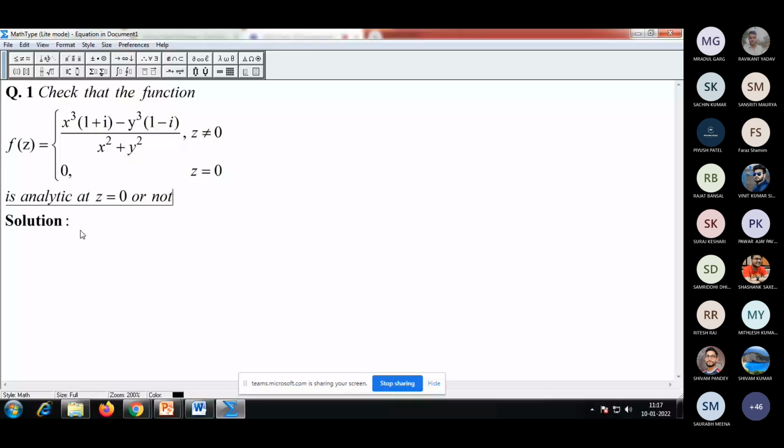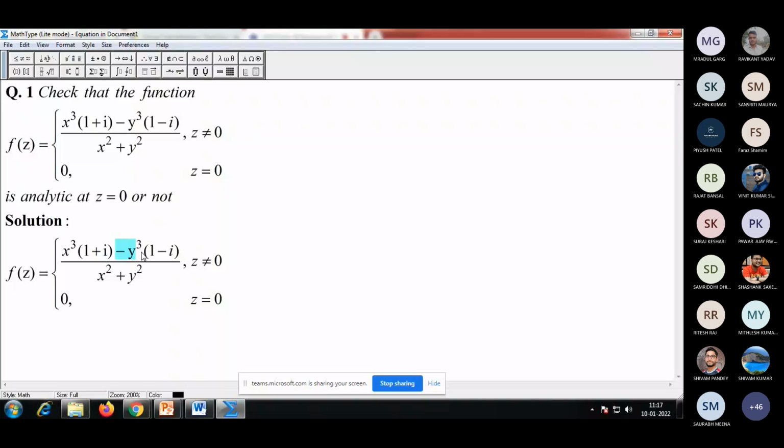Sir, first we'll separate all the real parts and then all the imaginary parts. Okay, just slowly tell me, then I will do accordingly. So first we are doing x cube minus y cube, right? Yes, sir.